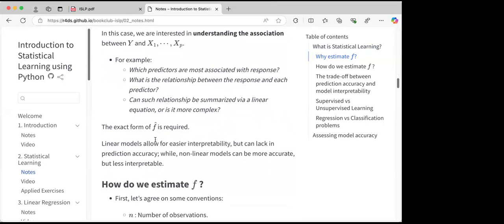Linear models make the computation of F very easy and allow for interpretability, but can lack prediction accuracy. That's a problem with linear models. Whilst non-linear models could be very accurate, you might find it difficult to interpret them.